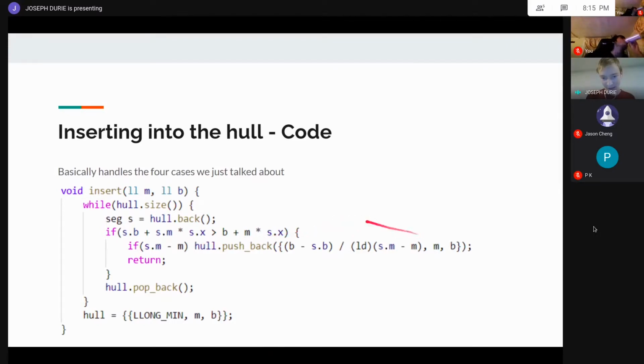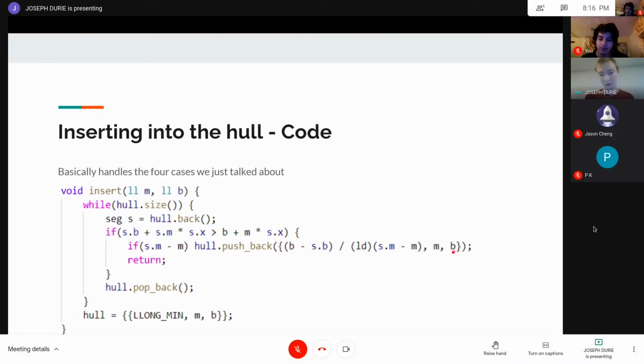So we find this intersection point, which is what I was talking about before, where you use the equation of the line to find where they intersect. This gives us the x value, and again, we want to cast to a double here. And then we just add back the current slope and y-intercept because we're adding the given line into the set. So this is one of 2 times that we'll actually add it into the set.